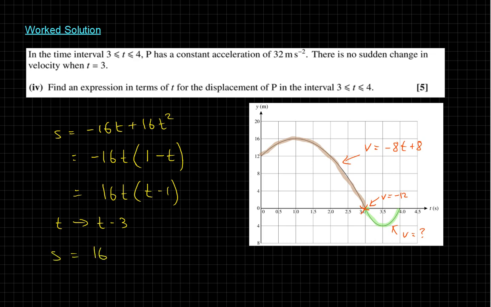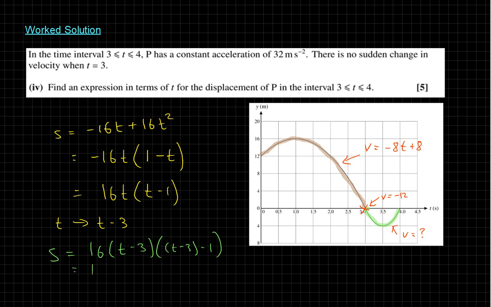this will be our final correct one. Let me write it in green, just to highlight the fact that this is the true equation of the green section. So this is s equals 16 times t minus 3 times t minus 3, and then there's a minus 1 in there.